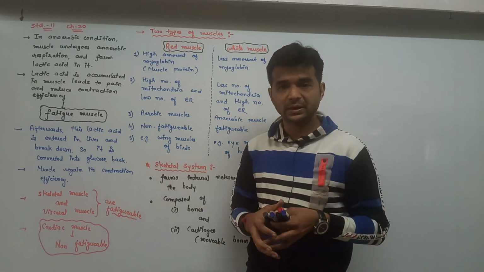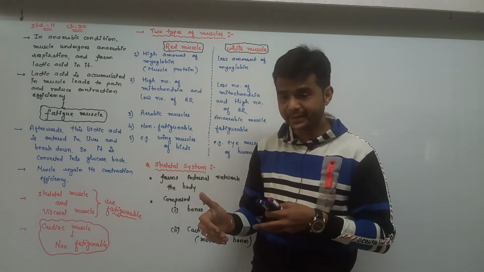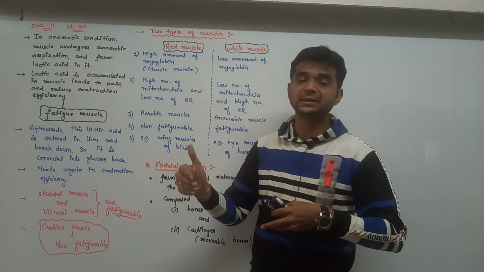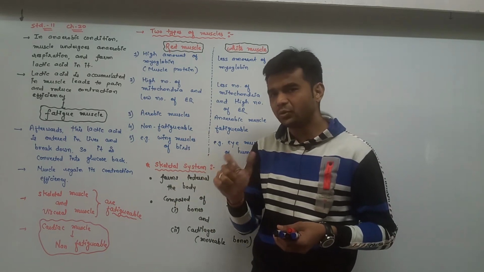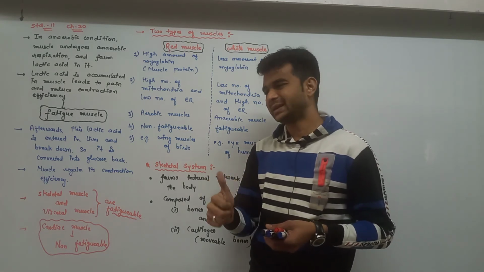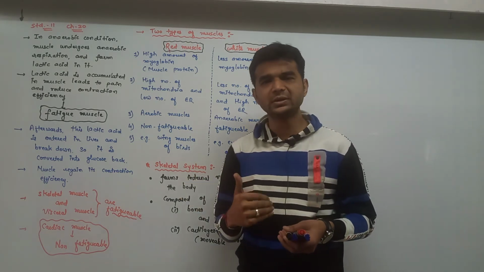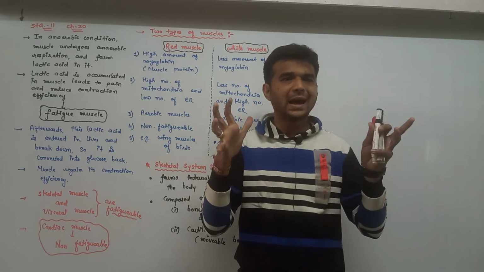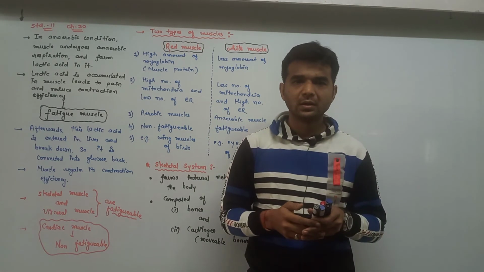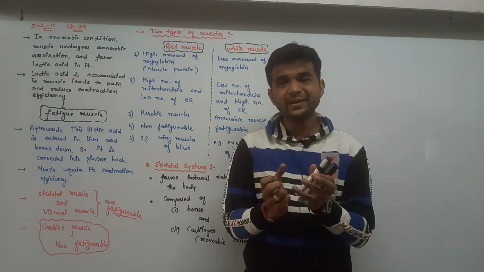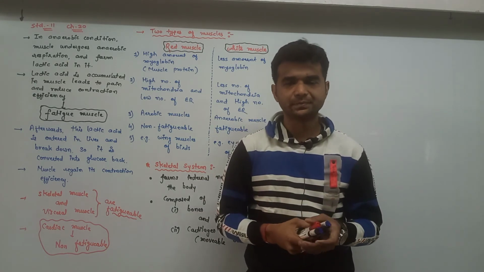It is correlated with the muscular system, so movement occurs due to muscles. You know that the skeletal system consists of bones and cartilage. The hard structure is known as bone and the flexible structure is known as cartilage.